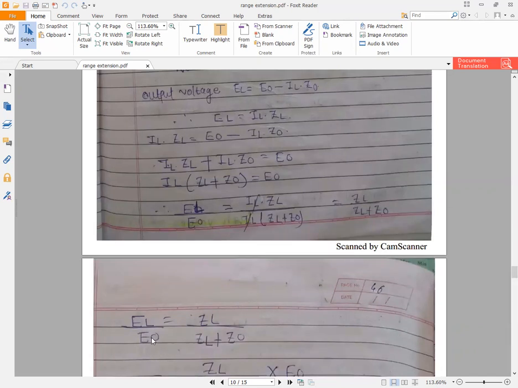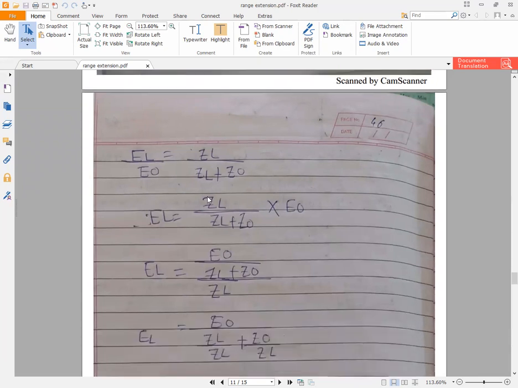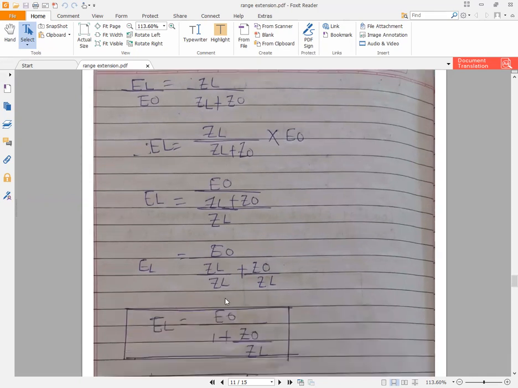Therefore EL upon E0 equals ZL upon ZL plus Z0. Again the same simplification: EL equals E0 upon ZL plus Z0 upon ZL.